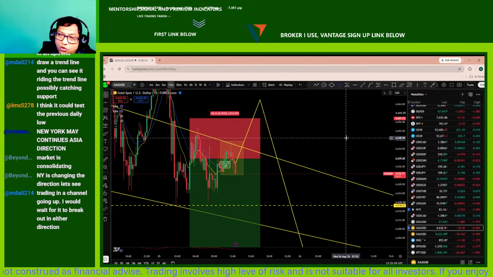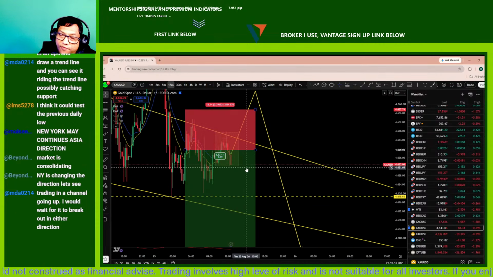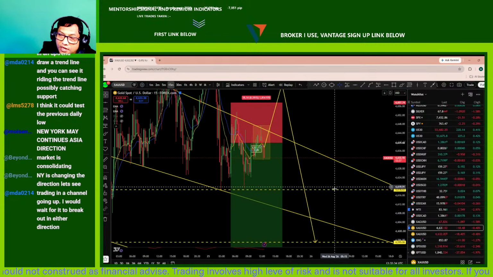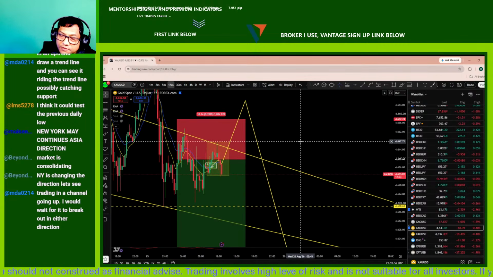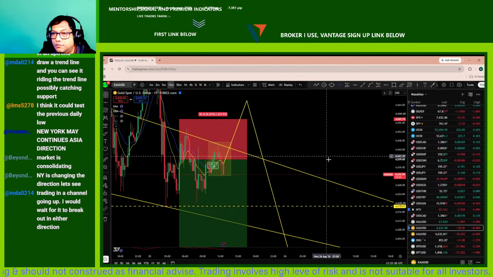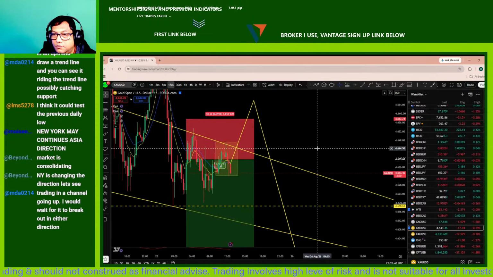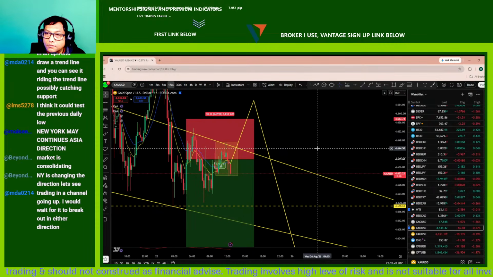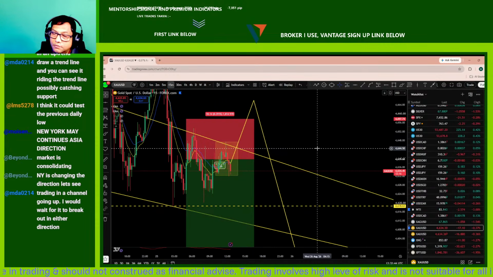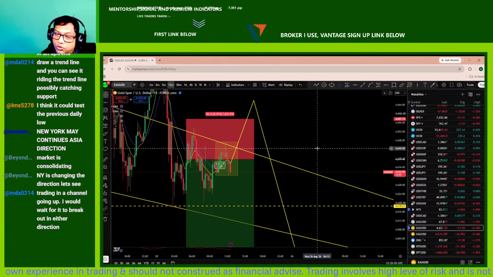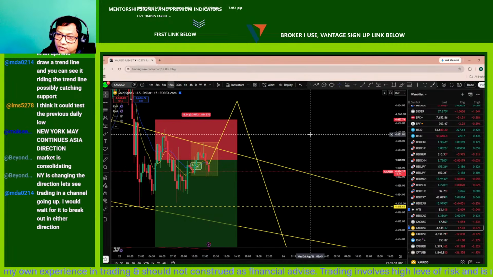And because it is in a downtrending market structure, we are looking for the price action to maintain its directional bias. So this is what we will be looking at here in this area.